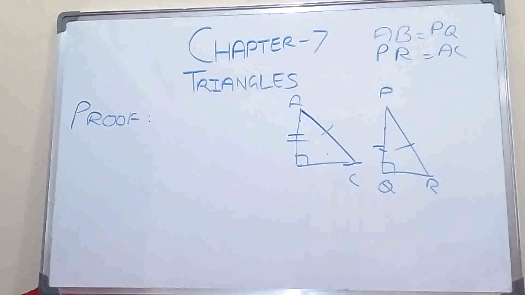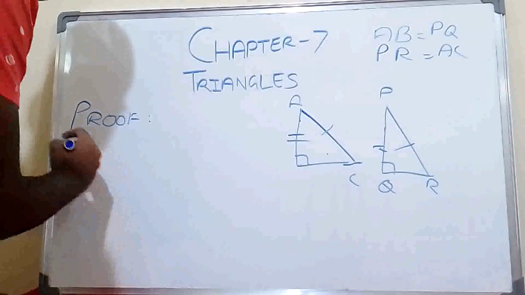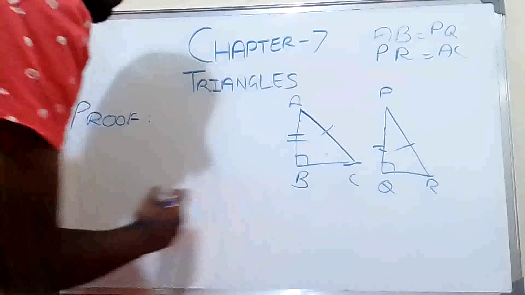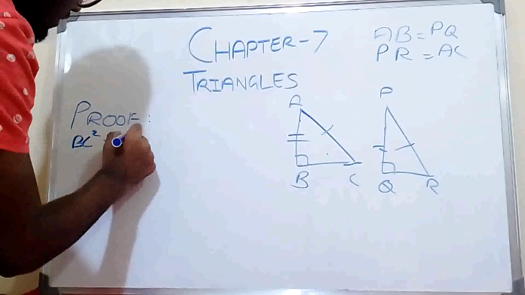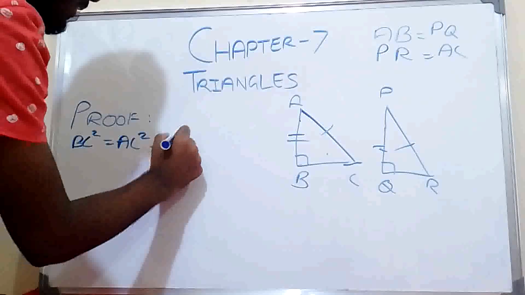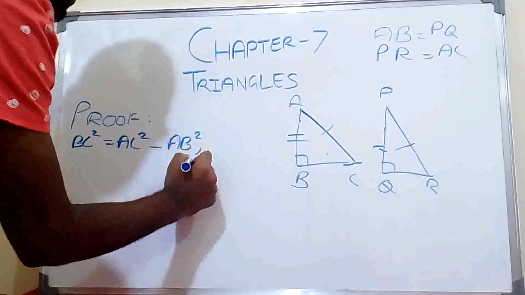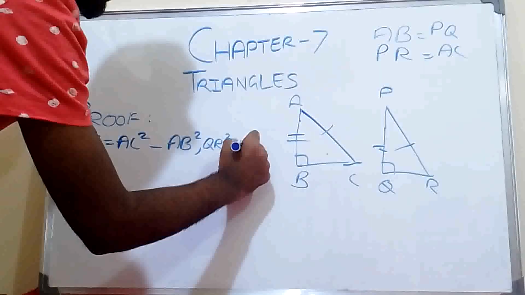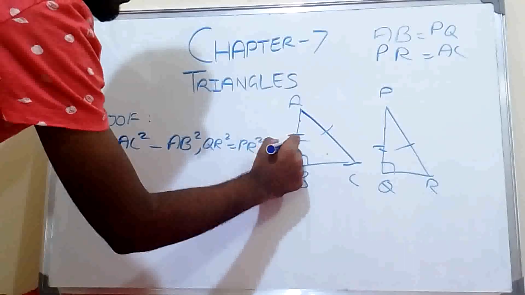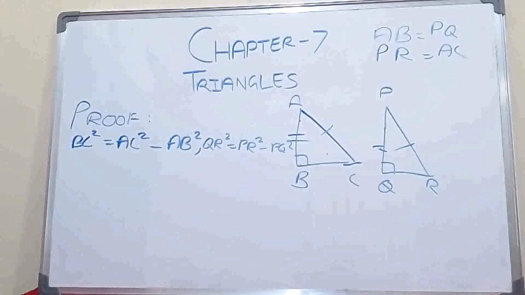Now what were the final values we had got? We had got that BC square is equal to AC square minus AB square, and also that QR square is equal to PR square minus PQ square.